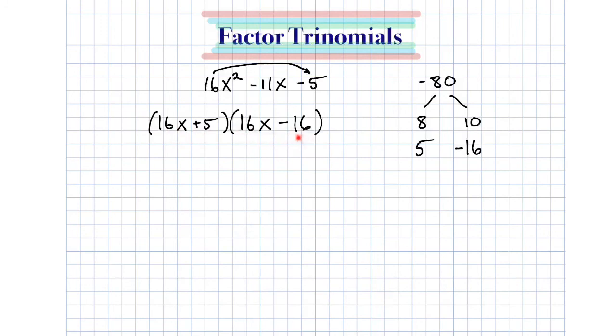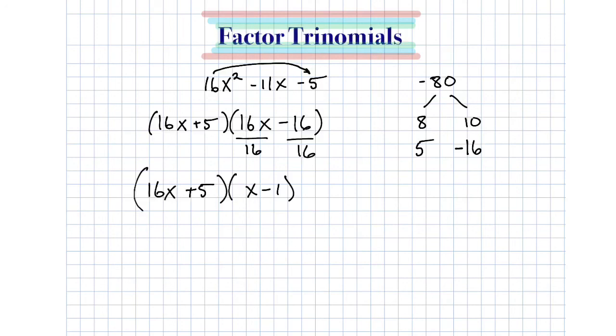This one here, we could factor out a common 16 from both these terms. So we're going to divide by 16, divide by 16. That's going to leave us x minus 1 and 16x plus 5. So there's our answer, 16x plus 5 times x minus 1.